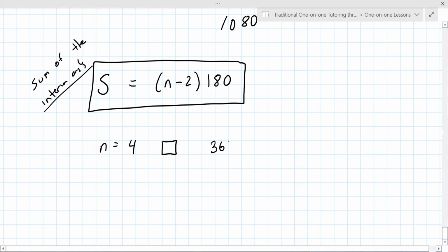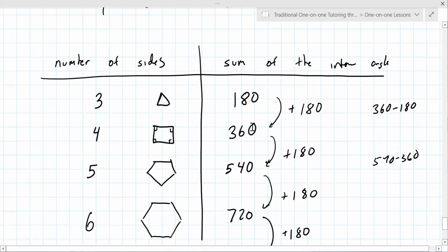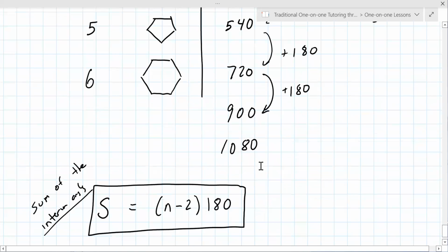Yes. Now, is that what we set up in our table above? Yes. All right.